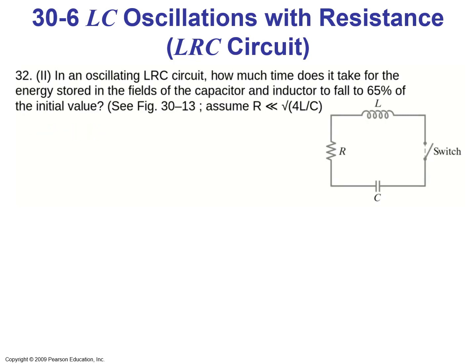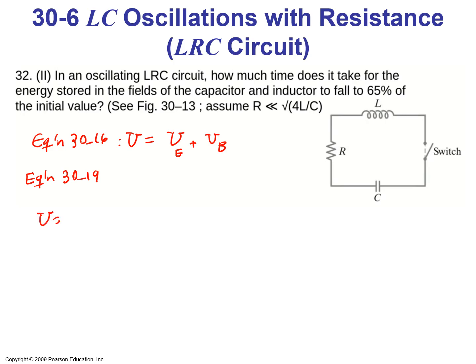I have to remind you, when we were deriving equation 30-16, we said the total energy, U, is the sum of the electrical energy and magnetic energy. Also, the charge was given by equation 30-19, and we can solve for the time when the energy is 65% of the initial energy.